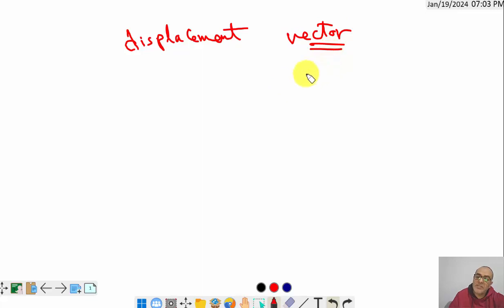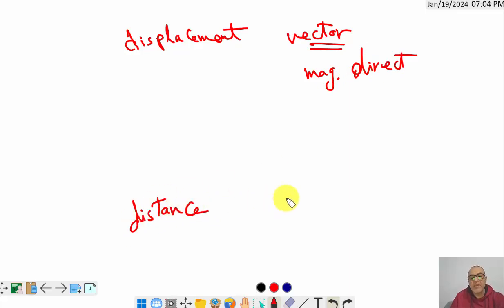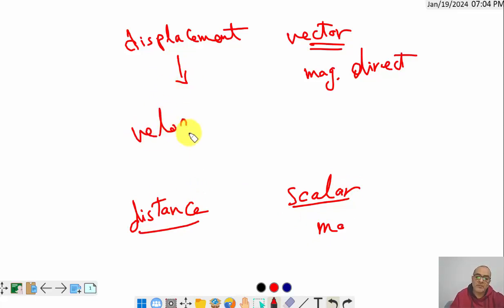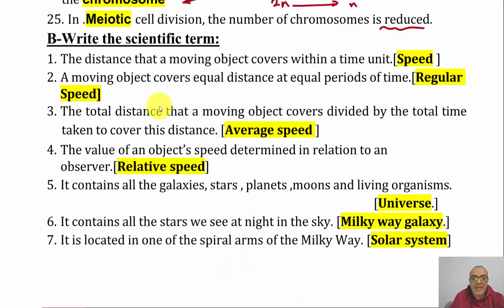A quantity that needs magnitude and direction. When we talk about distance, we talk about a scalar quantity, and a scalar needs magnitude only. So if we talk about displacement, we talk about velocity, but if we talk about distance, we talk about speed. So in the question, he said distance, so we write down speed.